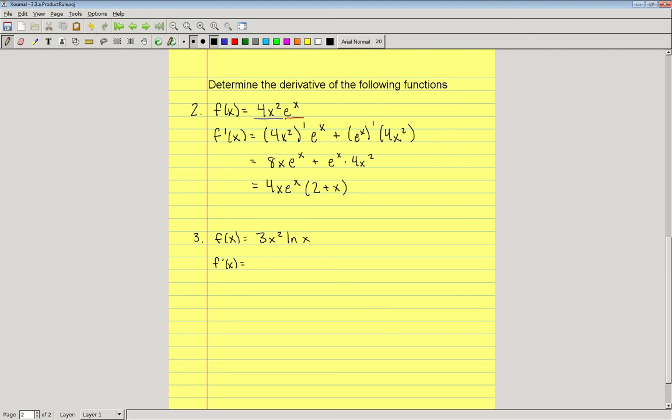Alright, now we would like to differentiate the function 3x squared times the natural log of x, and we do it just like we've been doing. We take the derivative of the first function times the second function left alone, plus the derivative of the second function times the first function left alone.